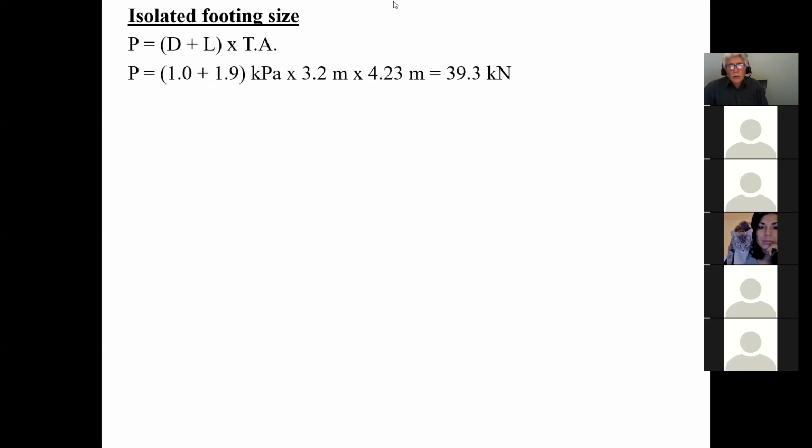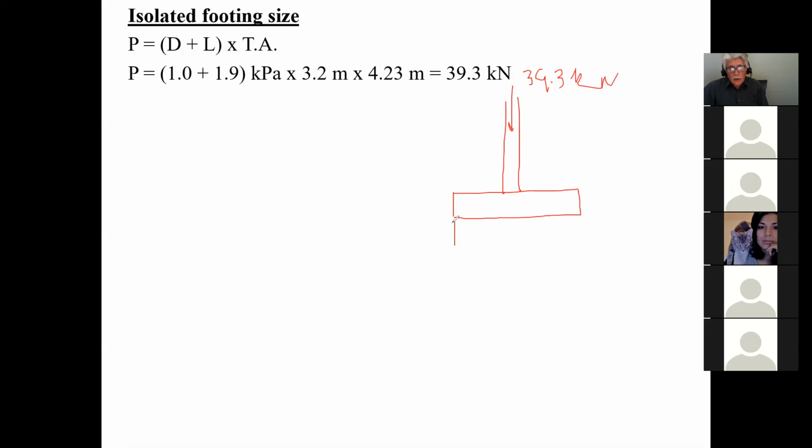So what I need to determine, right? Basically, here in cross section or in elevation, here's my footing. I have a column coming down here, and it has a load coming down of 39.3 kilonewtons.